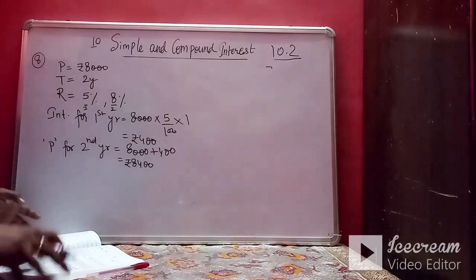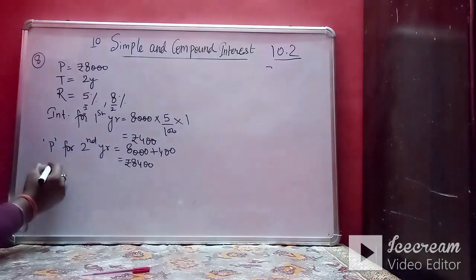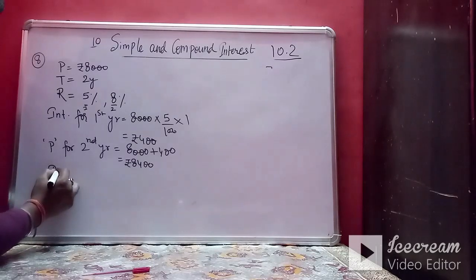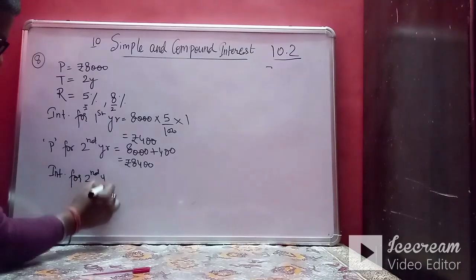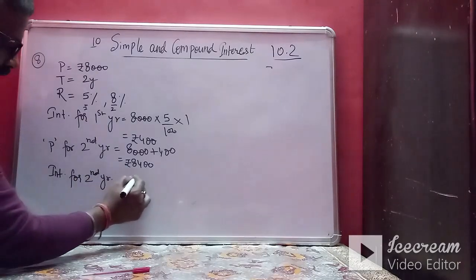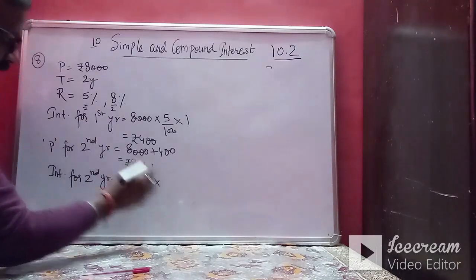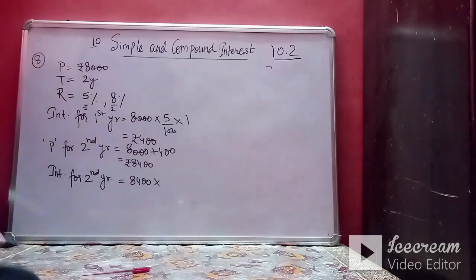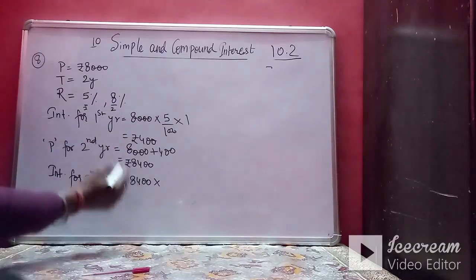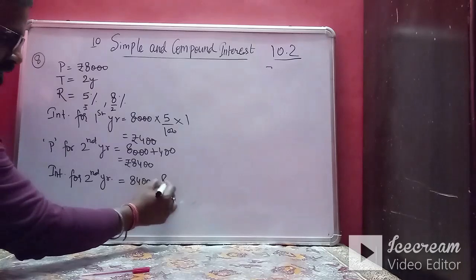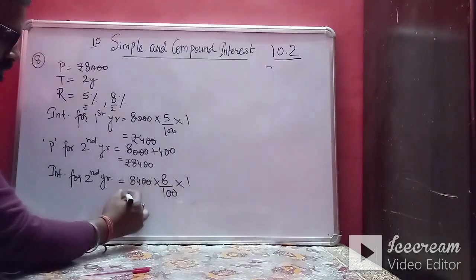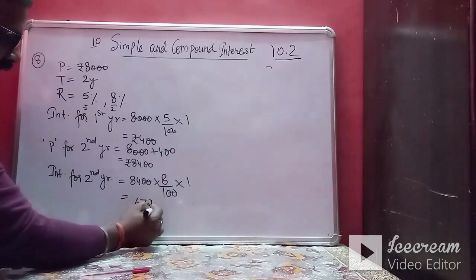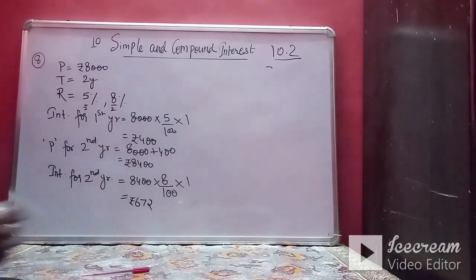Next we will calculate interest for second year. So P is now 8,400, and now we will take rate as 8% because we have already taken the rate as 5%. So it will be 8 upon 100 into 1. So it is 672 rupees.